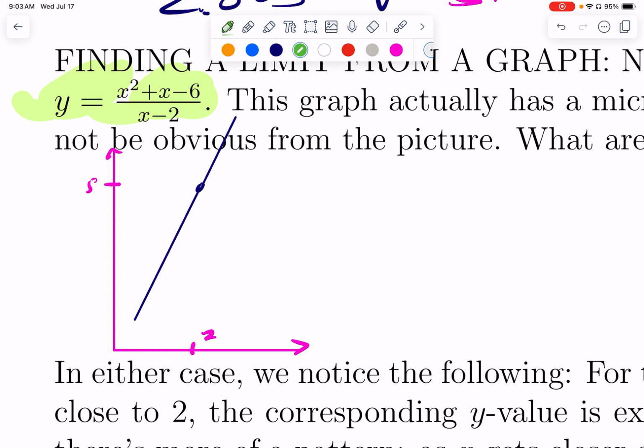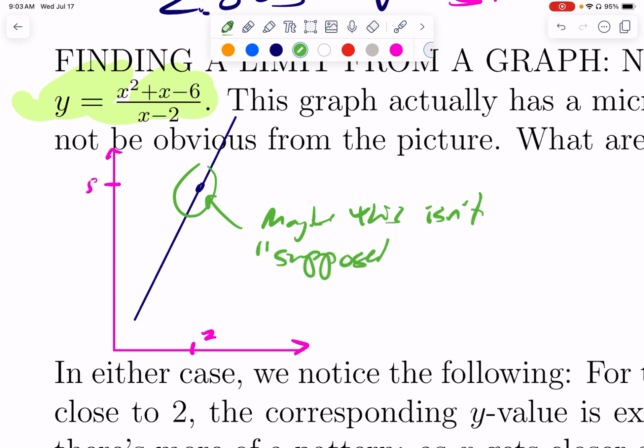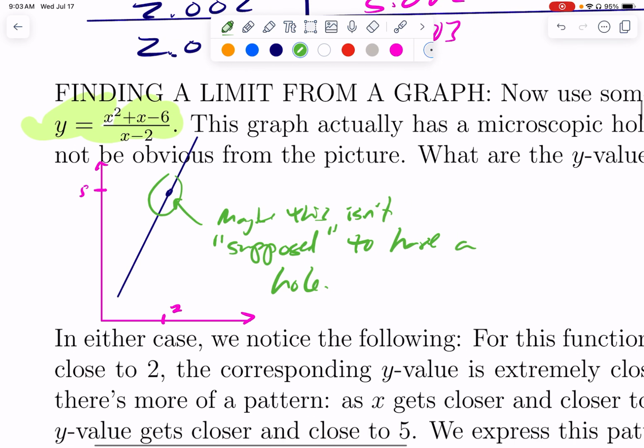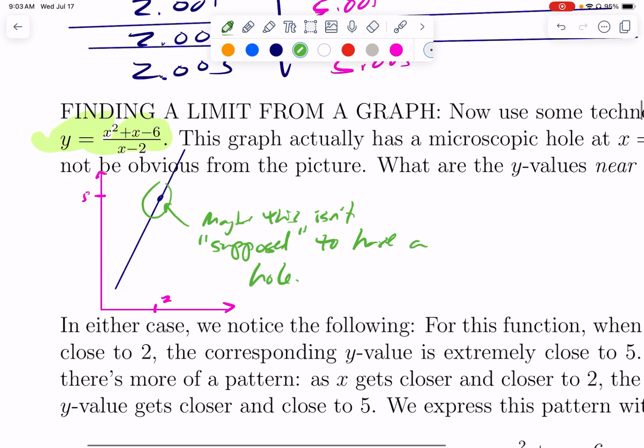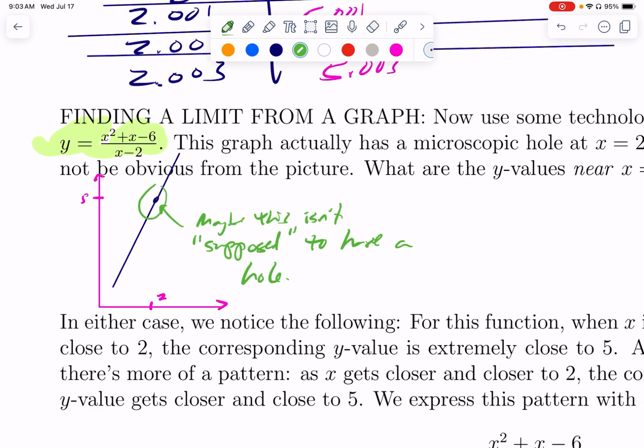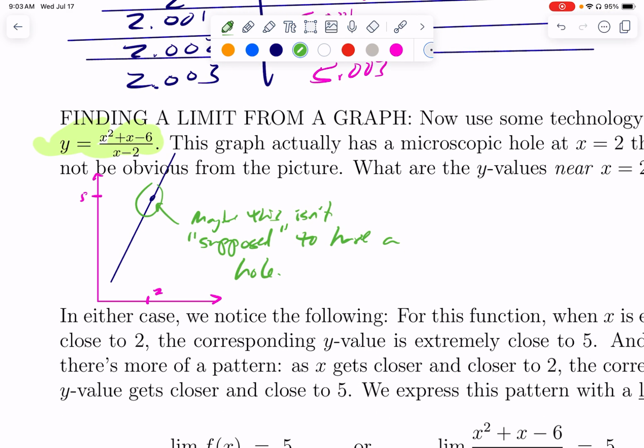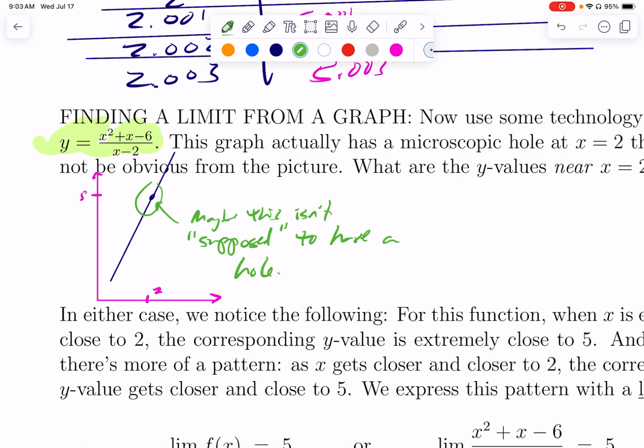But that does give us a sense of what's supposed to be here. So maybe this isn't supposed to have a hole. I know I'm being vague here, but the idea is we got something that's undefined, but it doesn't feel all that bad. The graph is a line with just a microscopic hole in it.